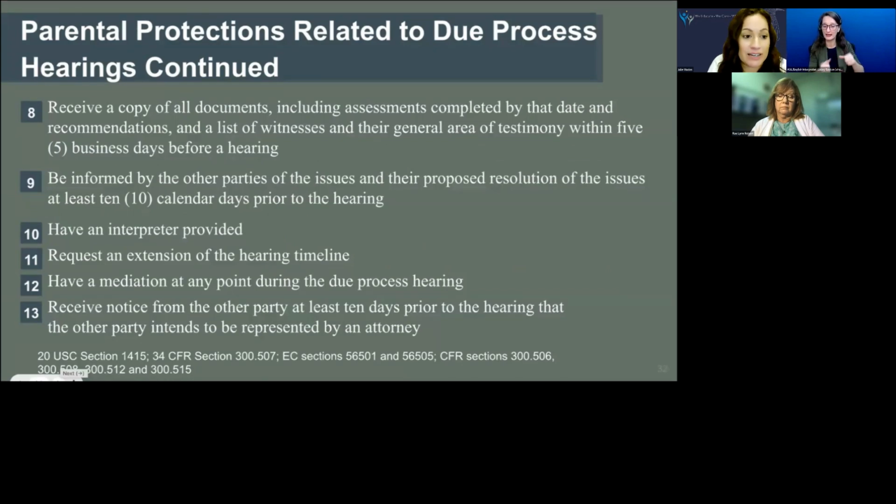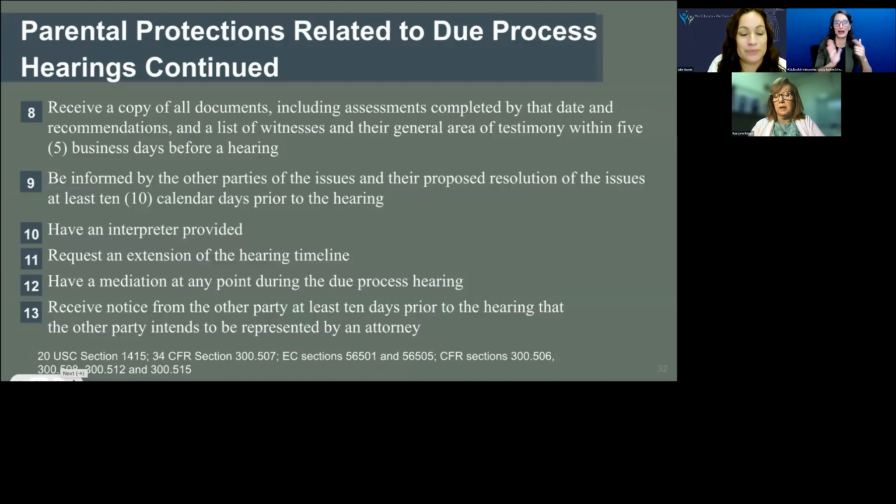Have an interpreter provided. Request an extension of the hearing timeline. Have a mediation at any point during the due process hearing. Receive notice from the other party at least 10 days prior to the hearing that the other party intends to be represented by an attorney.